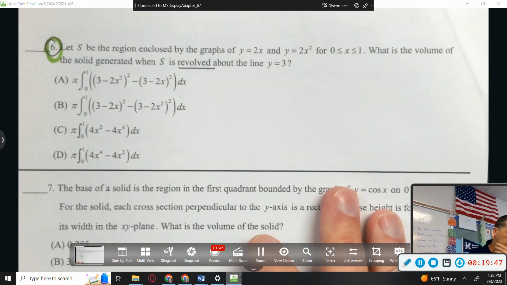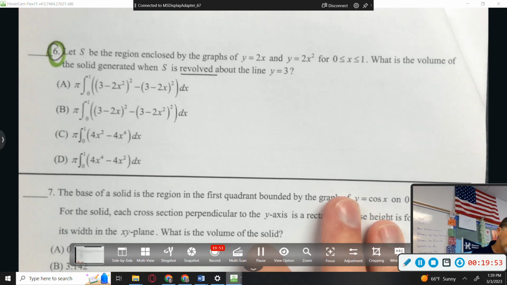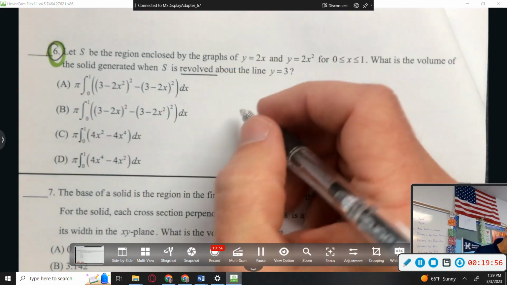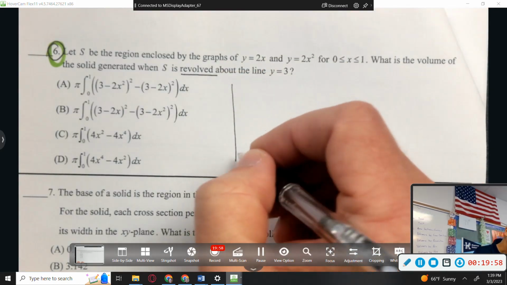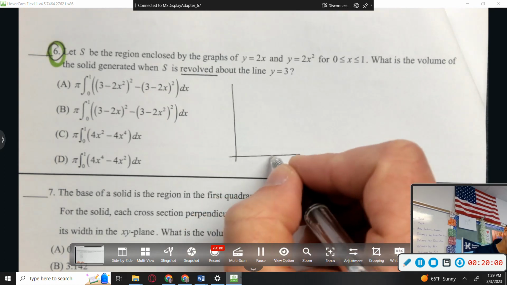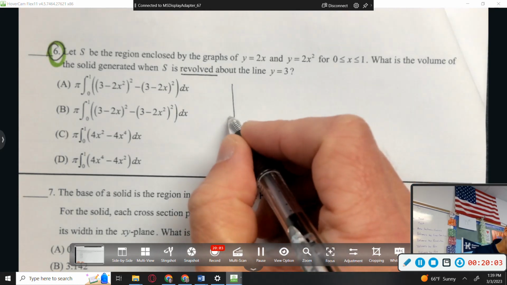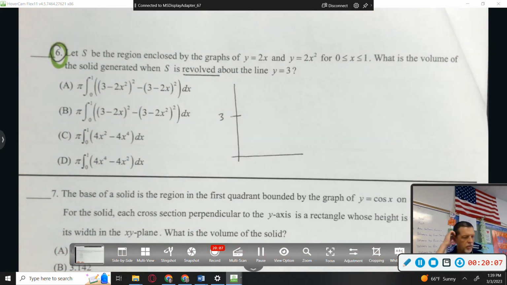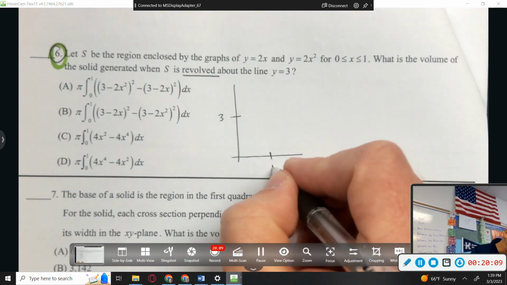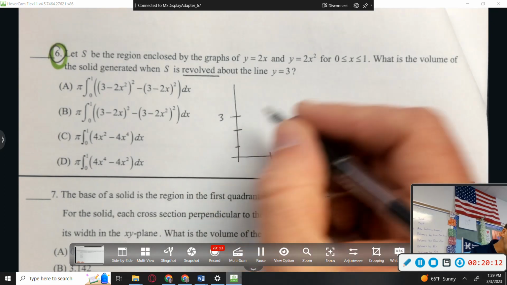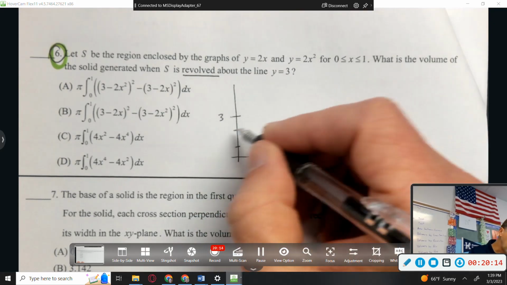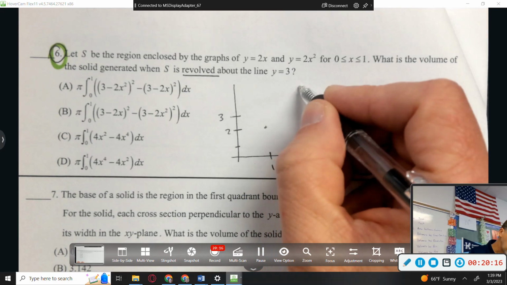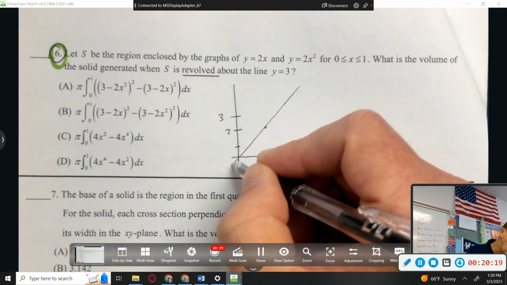Let S be the region enclosed by the graph, y equals 3, from 0 to 1, and we're going to revolve around y equals 3. So y equals 2x, that would just be the line with a slope of 2.